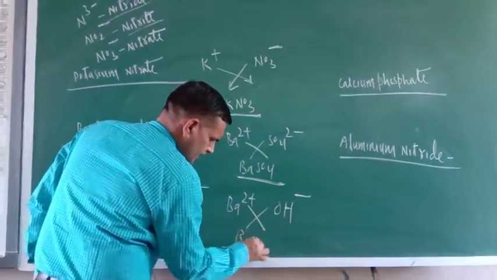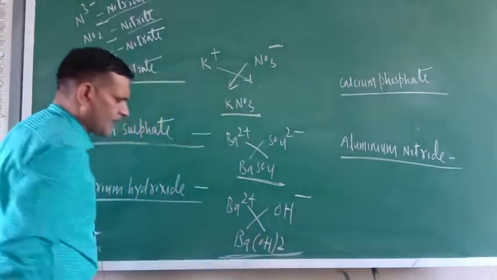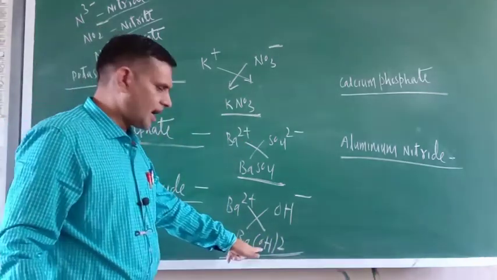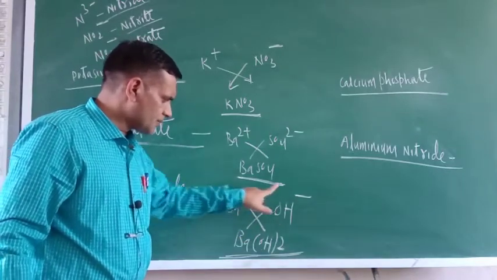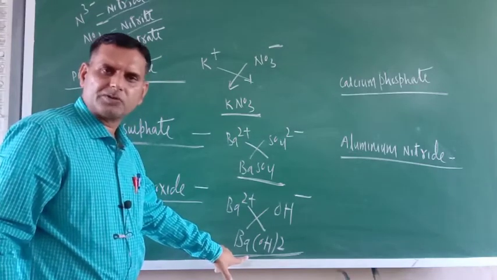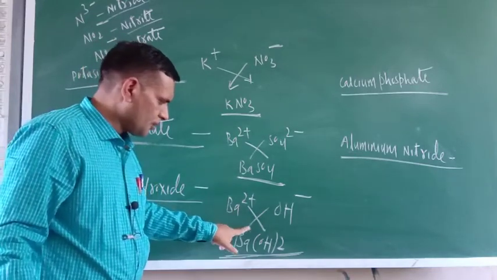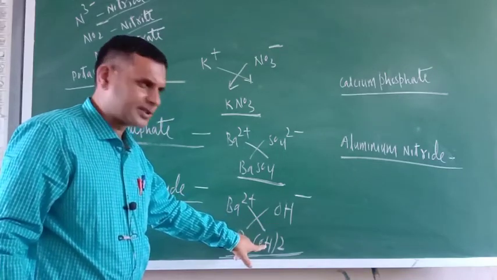So this is Ba(OH) whole twice. This is barium hydroxide. Because this is 2 positive, it will go to this one. Now you can calculate the total positive and total negative charge is equal. Ba is 2 positive, OH is 2 here, so 2 negative, 1 OH equals single negative.